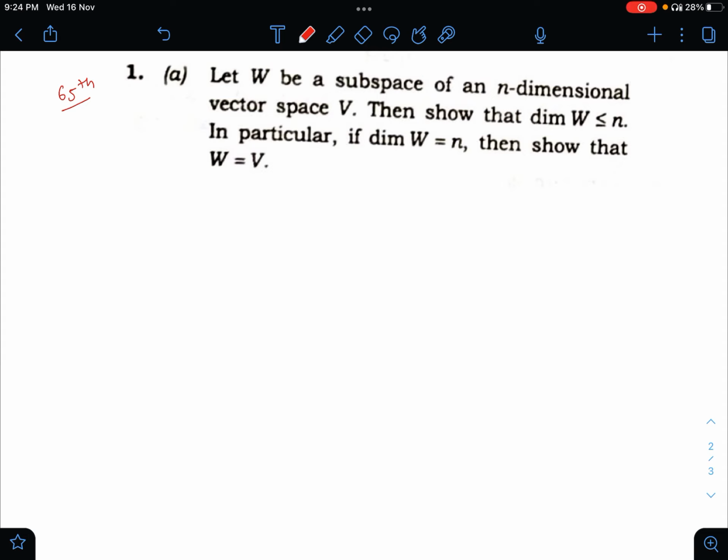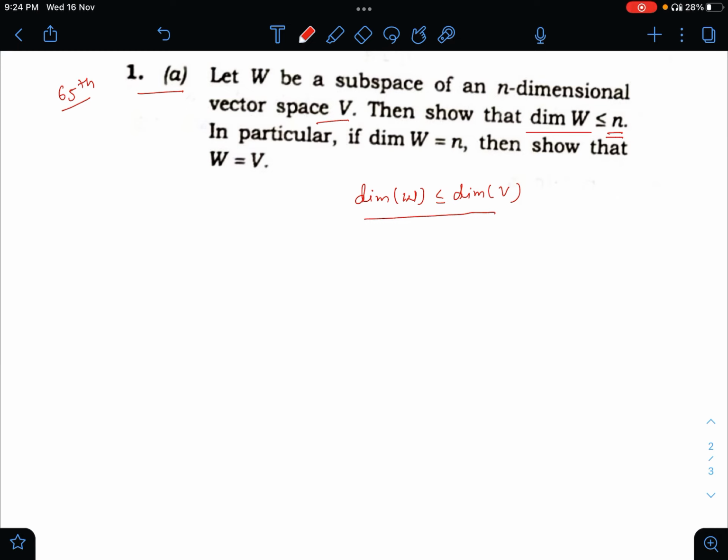We will solve the 65th Bihar PCS Mains Examination Mathematics Optional Paper. So let us start with the first A question. It says: let W be a subspace of an n-dimensional vector space V, then show that dimension W is less than or equal to n. That is, dimension of W is less than or equal to dimension of V, which we need to prove.